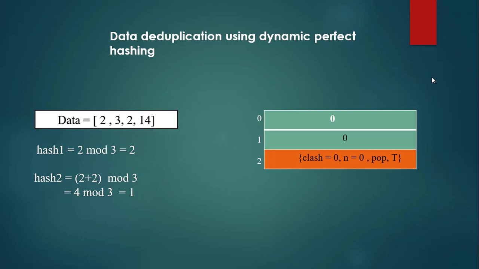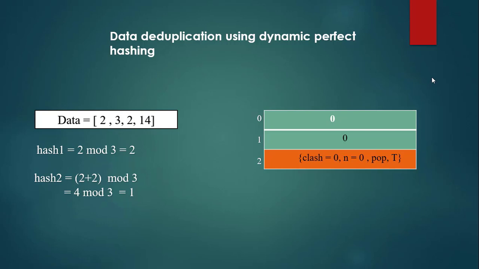The 4 elements are clash, which is the collision handler, initially 0; n, the number of elements in the subarray, which is initially 0; pop, which is the popularity count or duplicate count, initially 0 for all indexes; and t, the storage or subarray where we will put our data.